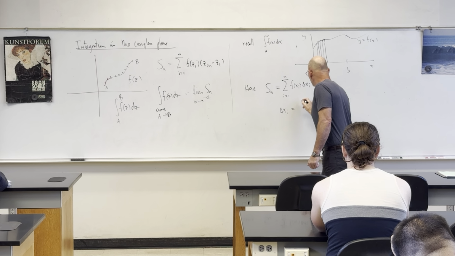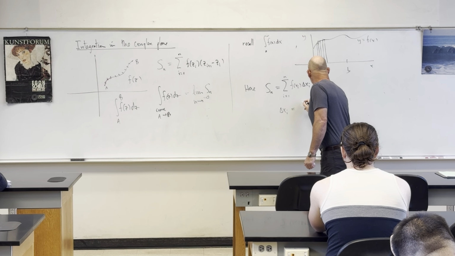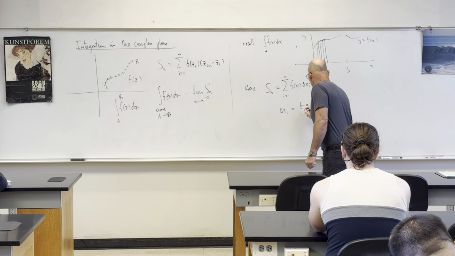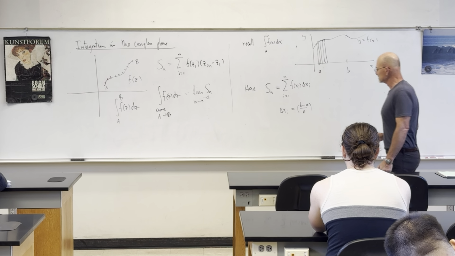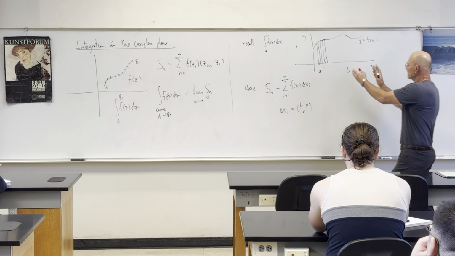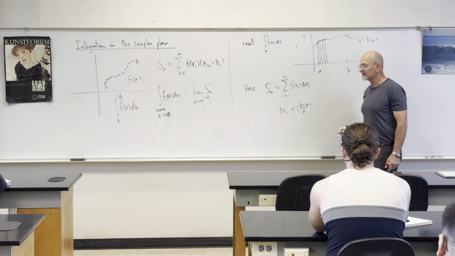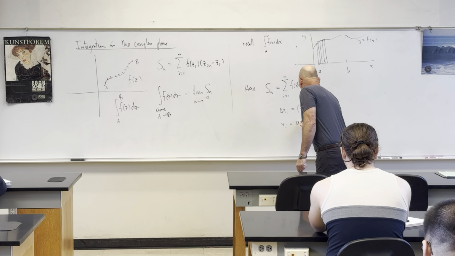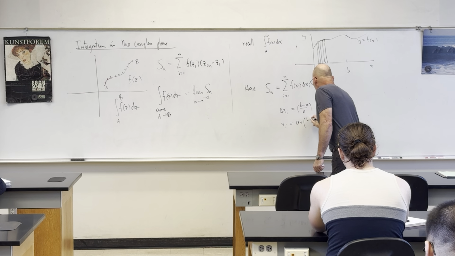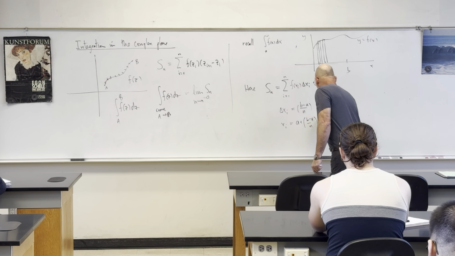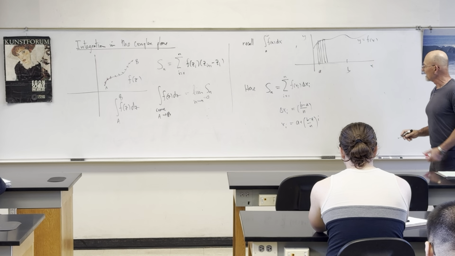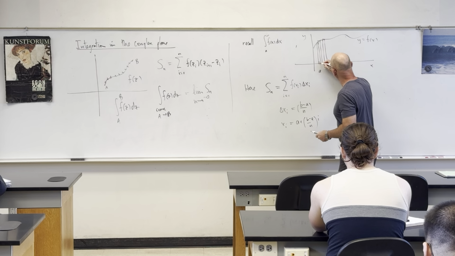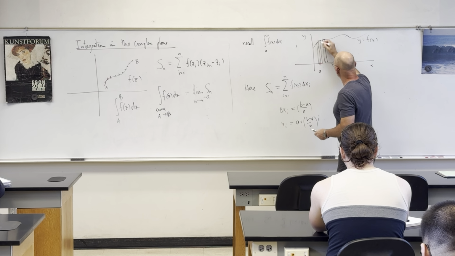It's going to be b minus a divided by n. It's going to be that interval there divided by n, and then my x sub i could say it's a plus b minus a divided by n times i. And what I'm doing then, my delta x sub i is this width, and then I'm evaluating it up there, and so forth, all the way across.